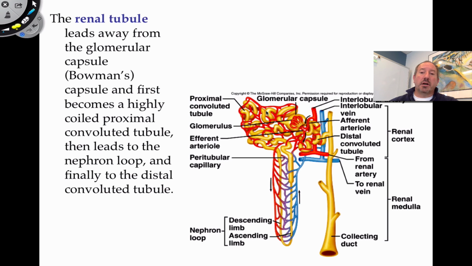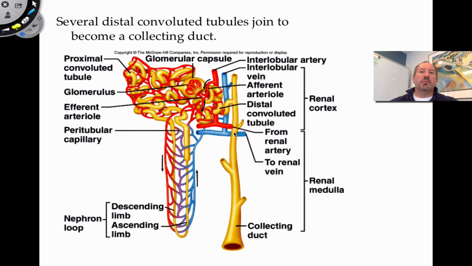First, it's highly convoluted, which is the proximal convoluted tubule, and then it leads to the loop of Henle, and then finally the distal convoluted tubule, and then down the collecting duct. And so there's several collecting tubules that branch off, making one big collecting duct, which then leads again to the ureter and then the bladder.